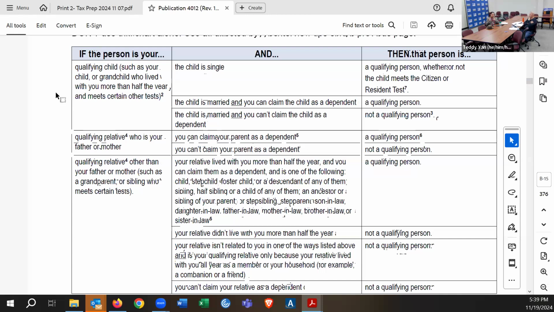And the citizen or resident test is someone normally has to be a US citizen or a resident of North America, US, Canada, or Mexico, in order to qualify as a dependent. But head of household does not care about that in that particular case.